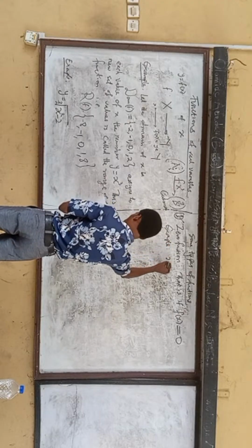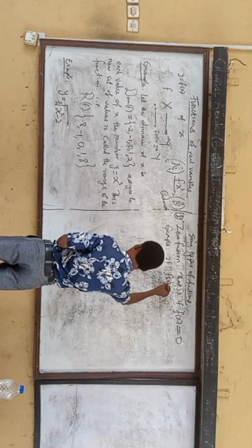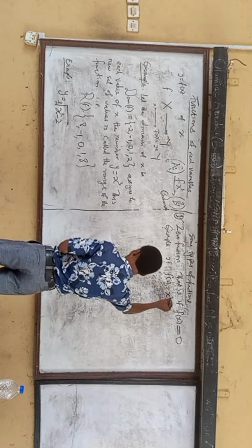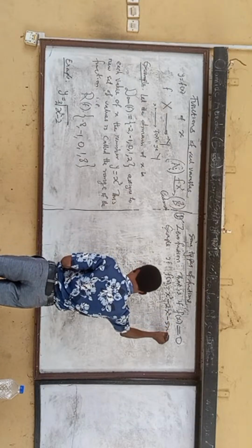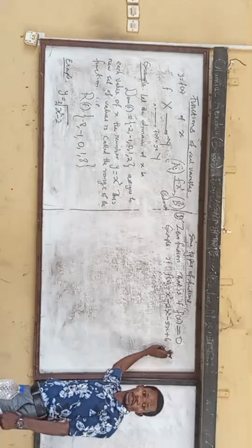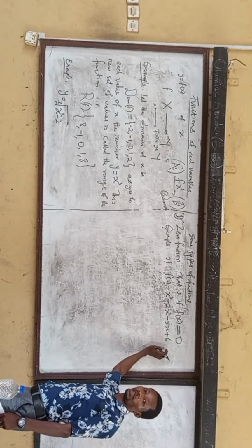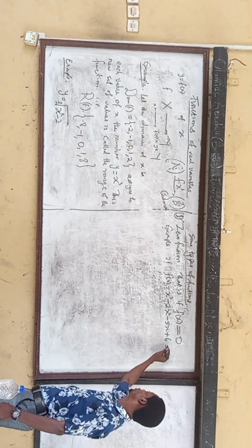I can give you this example: if f of x is equal to x cubed minus 2x squared minus 5x plus 6. This is a function, right? If this function must be a zero function, then we have it equal to 0.